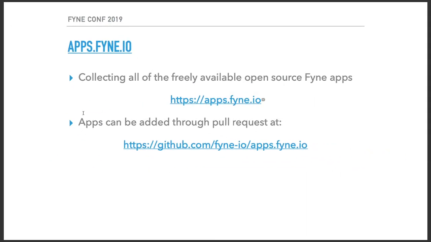If you know of an application that should be listed in here, you'd be very welcome to open a pull request on our apps.fyne.io repository in GitHub, where if the pull request is approved, it will appear directly on that site, and others will be able to find it too. Shortly, there will also be an integration for installing those applications much more easily than following links and executing commands yourself, and we'll be happy to share more about that later this year.